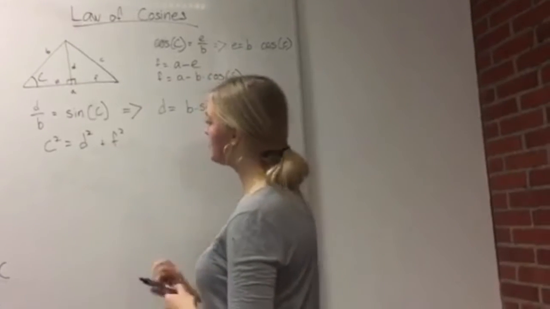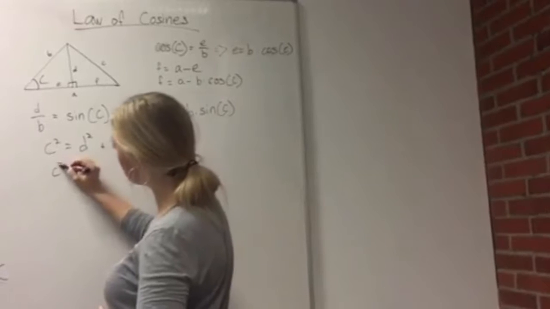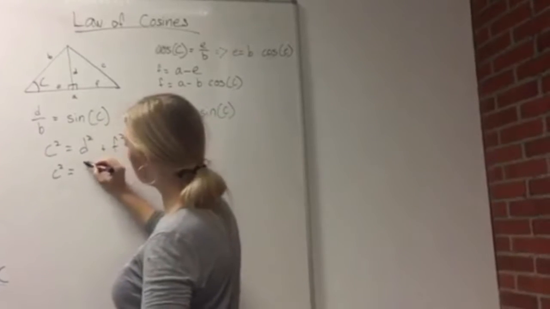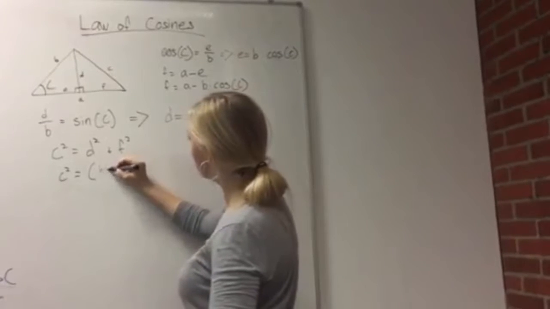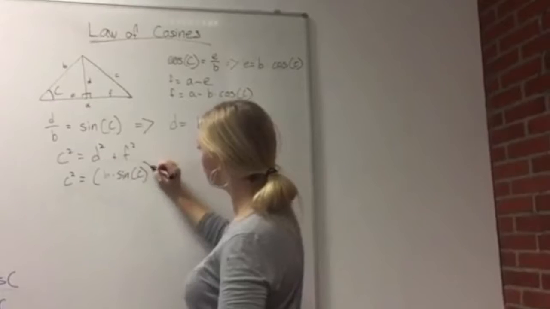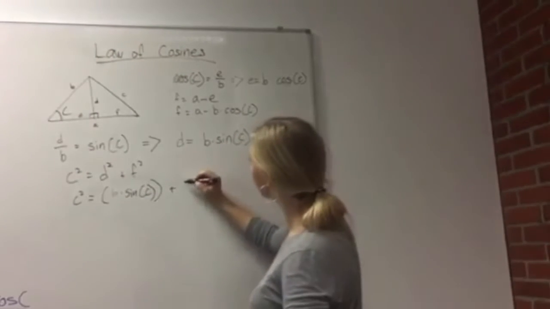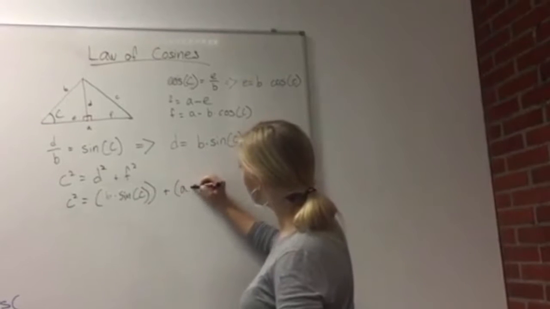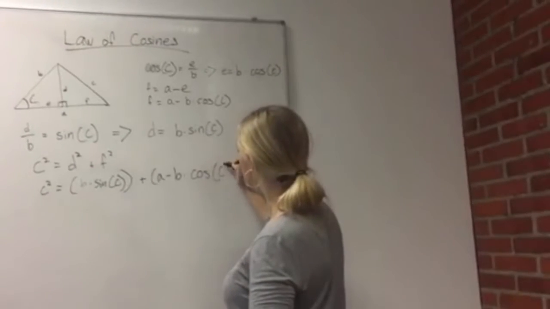And now we can put in the variables for D and F. So c squared is equal to D, this one, B times sine of C, plus F, this one, A minus B times cosine of C.